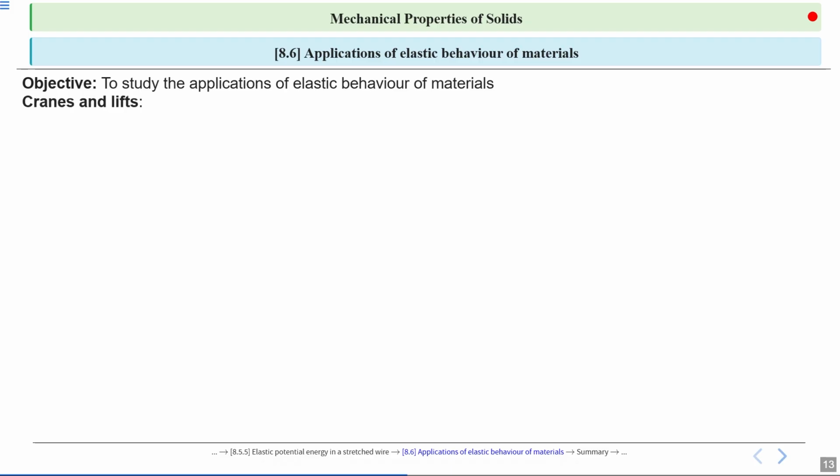Now, let's continue looking at cranes and lifts. These are the machines that lift heavy loads, and their safety depends on the materials used in their construction. When making a crane, it's essential that the extension or stretching of the material does not go beyond its elastic limit. The elastic limit is the maximum amount a material can stretch and still return to its original shape.